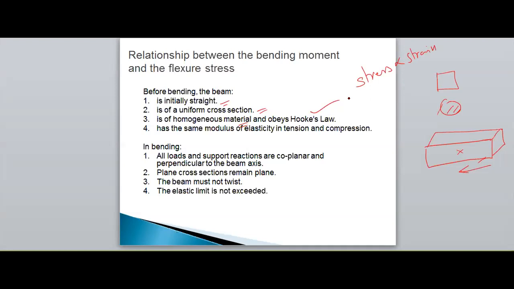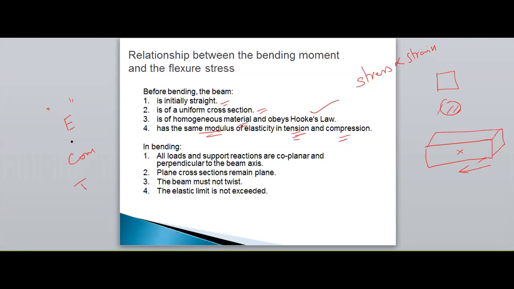It obeys Hooke's law, and it has the same elasticity modulus in tension and in compression. It has the same elasticity modulus, that is capital E. The capital E is the same for compression and for tension.